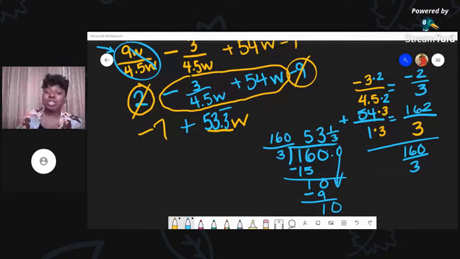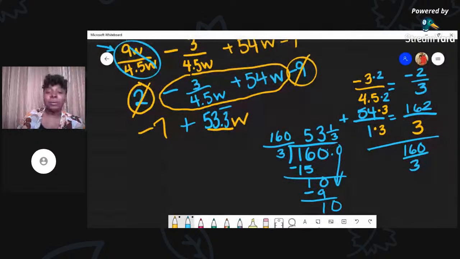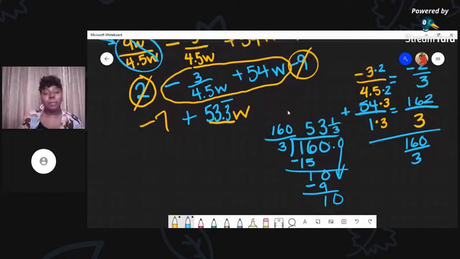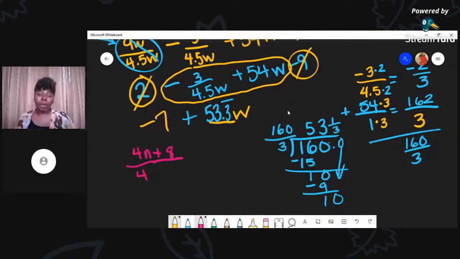But the good thing is you do now know how to separate a fraction. So if you come across something like 4n plus 8 over 4, it's really going to help you.